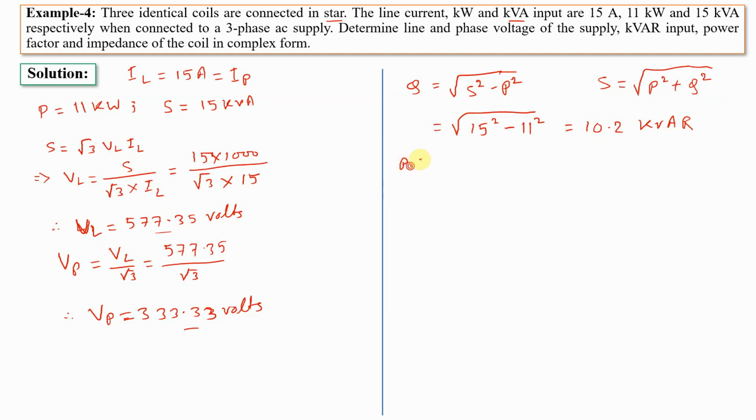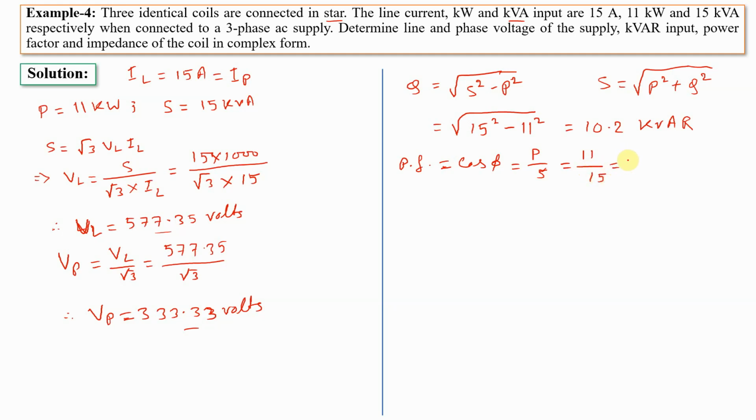Next is the power factor. We know that the power factor is the ratio of active power to the apparent power. And this formula is also applicable here in three-phase circuit also. So the active power is 11 kW and the apparent power is 15 kVA.